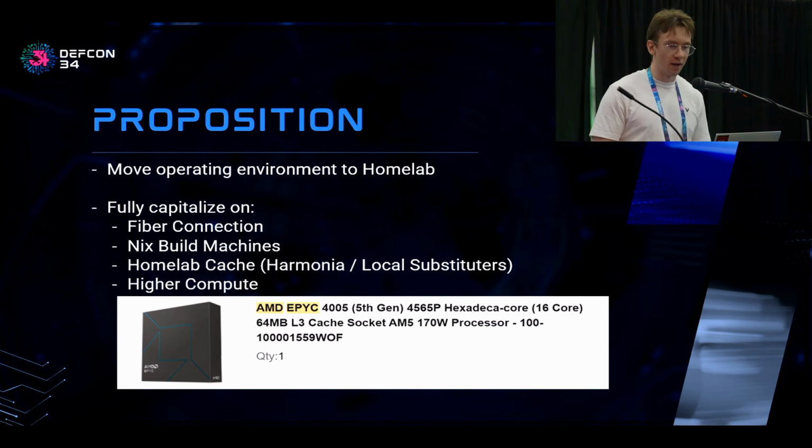Well, I got to move my operating environment into my home lab and then access that remotely. So I can fully capitalize on the fiber connection that my home lab provides, the Nix build machine, which is on an Epyc processor, my Nix cache with pre-built packages and everything, and much higher compute than my measly laptop can bear.